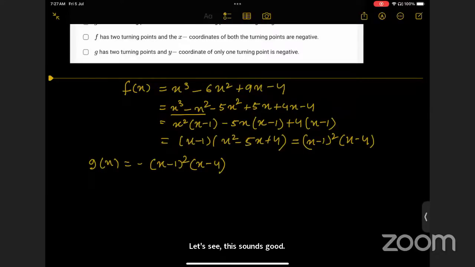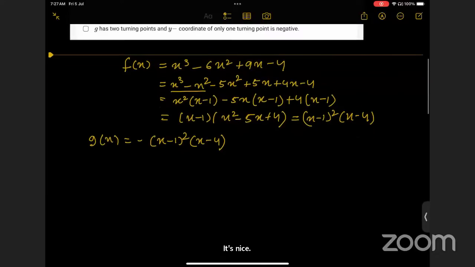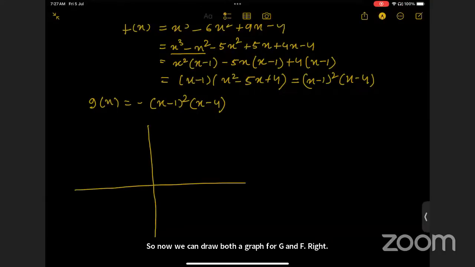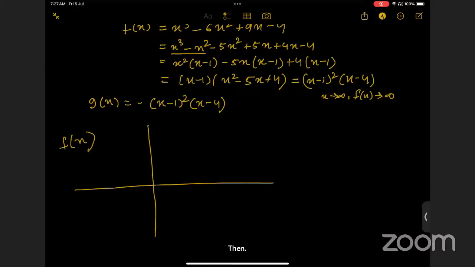So now we can draw both the graphs for g and f, right? What will be the graph for f(x)? If x tends to infinity, then f(x) also tends to infinity, right?